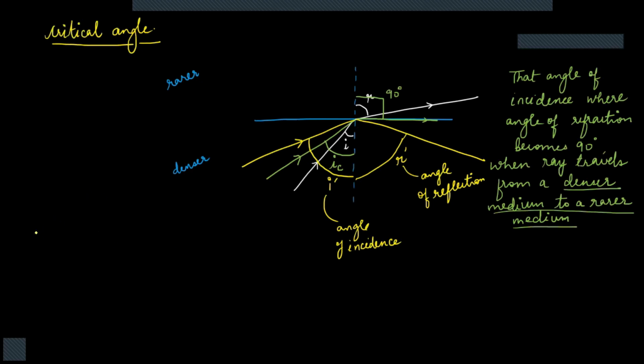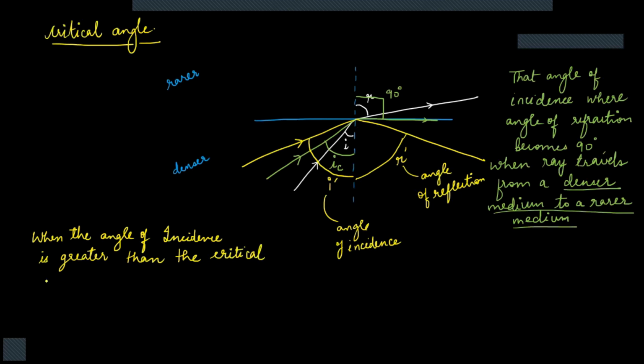So to define total internal reflection, we can say that when the angle of incidence is greater than the critical angle, the ray bounces back in the same medium, the same denser medium.